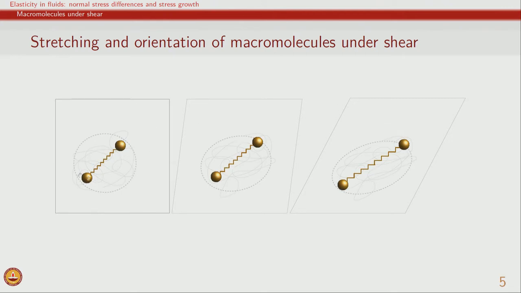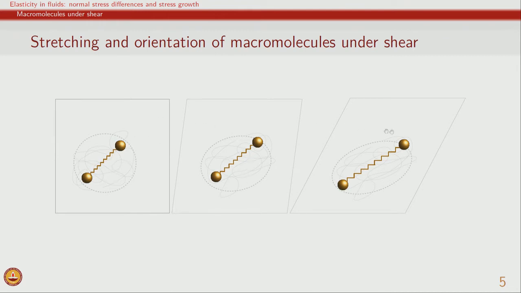And we have also seen this picture in terms of a dumbbell, where two beads are connected using a spring, and we understand that when shear is applied, the spring gets extended, so there is stretching involved, and similarly the spring on average may also orient in the direction of the shear, and therefore, there is a change in orientation of the object, which originally to begin with is spherical.